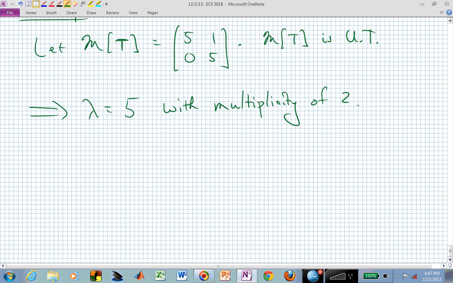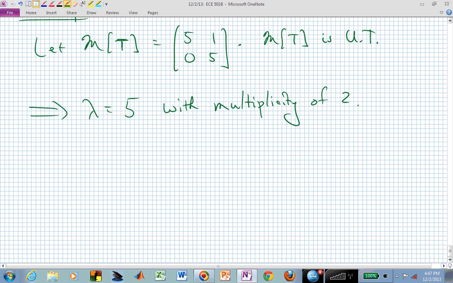Question? So the multiplicity is just the number of times that particular eigenvalue is repeated. So if we had a 3 by 3 matrix and I had 5, 1, 0, 0, 5, 0, 0, 0, 5, it would be repeated 3 times, but now we would have a slightly different structure in terms of the eigenvectors.